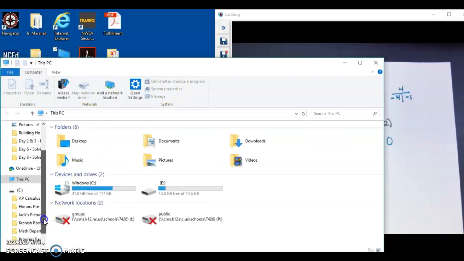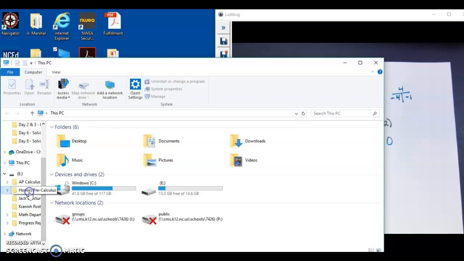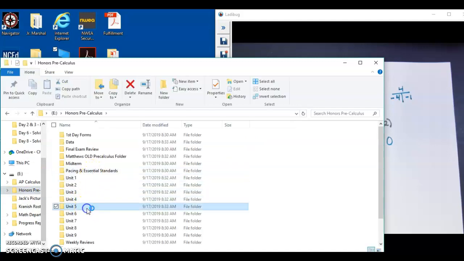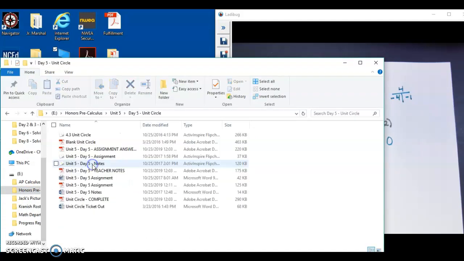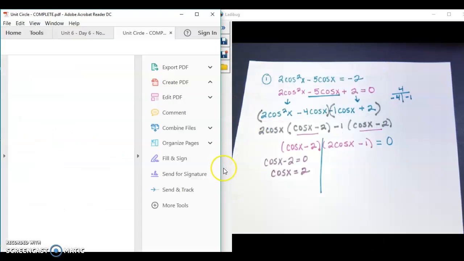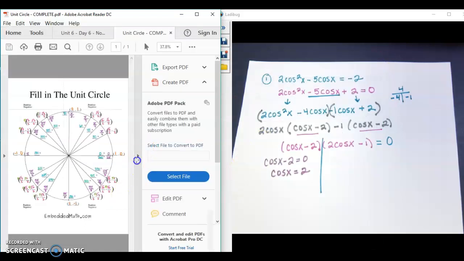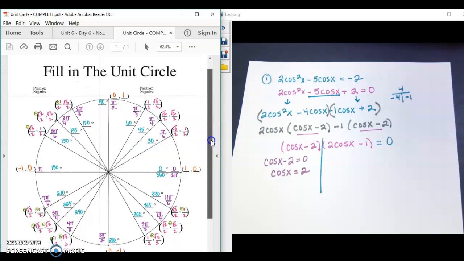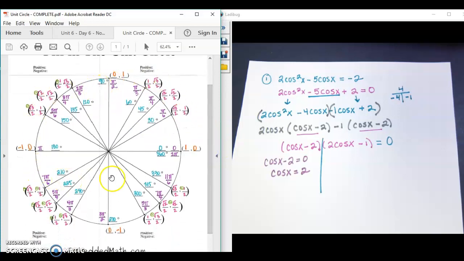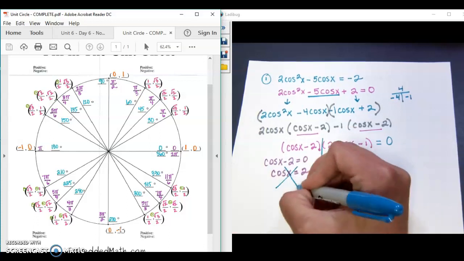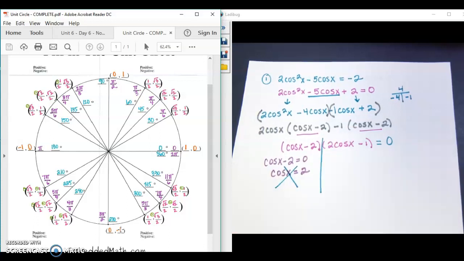Is there anywhere on the unit circle where cosine, or the x value, is equal to 2, or really any number that is bigger than 1? So here's the unit circle for us to take a look at. Is there any place where the cosine x value equals 2? There's not. So that just means that that answer is out of our domain, so this will not give us an answer. We can mark that out.